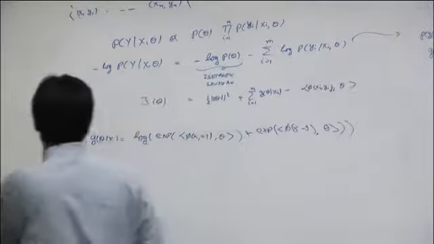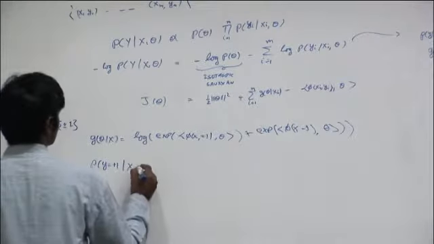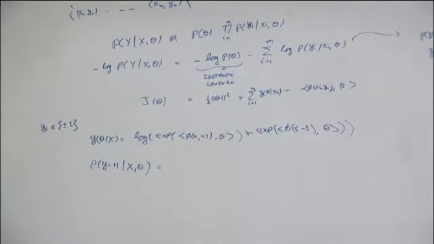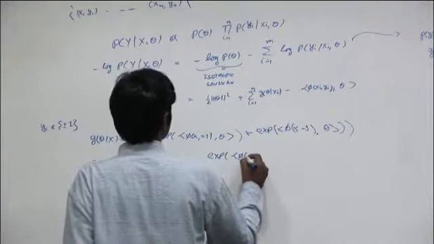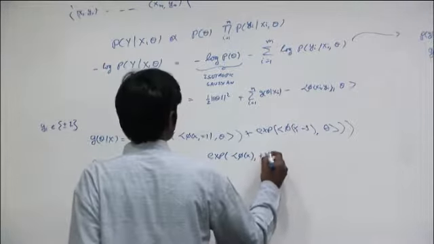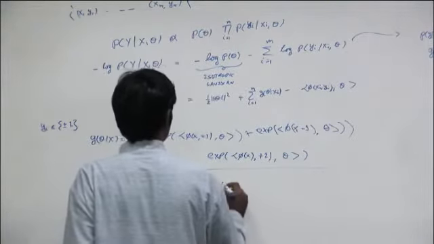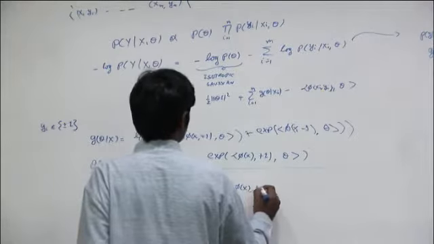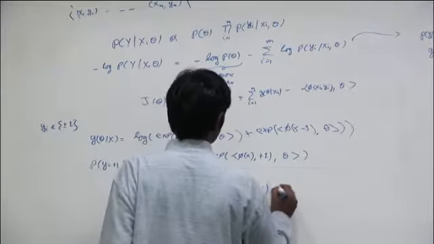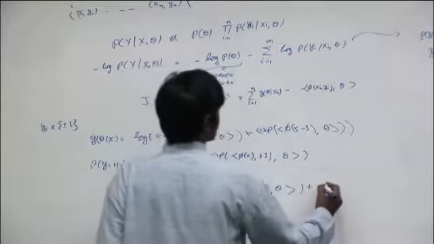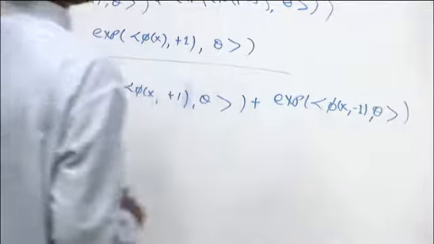And therefore, what can I do? If I ask what is the p of y equals +1 conditioned on x and theta, how does it look like? This looks like exp of phi of x and +1 times theta, divided by exp of phi of x and +1 times theta plus exp of phi of x and -1 times theta.